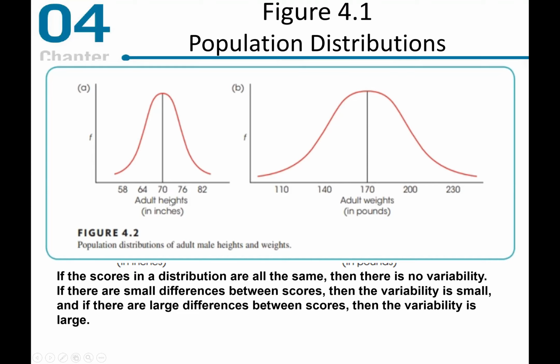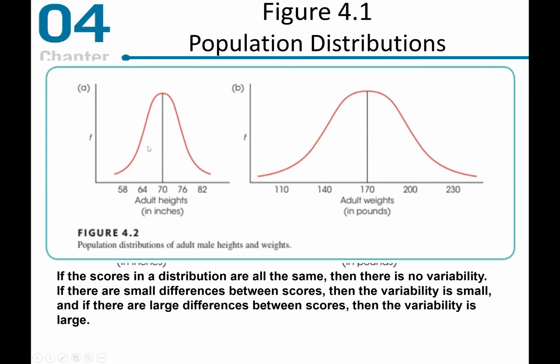The average population height is 70 inches, but the scores, the various heights, are all clustered, meaning they're close to this mean of 70. We have some people who are a little bit shorter, at 58 inches, and some who are a little bit taller, at 82 inches, but they are relatively close to the mean.